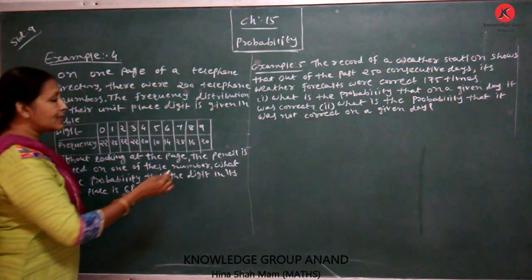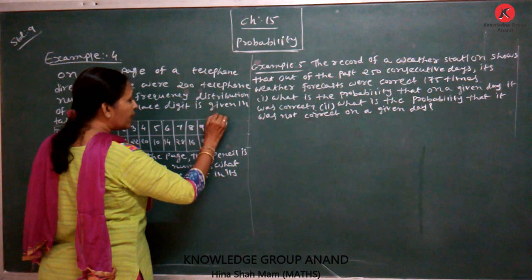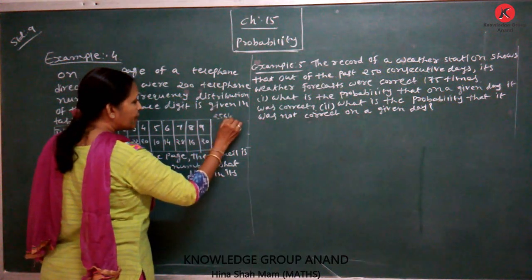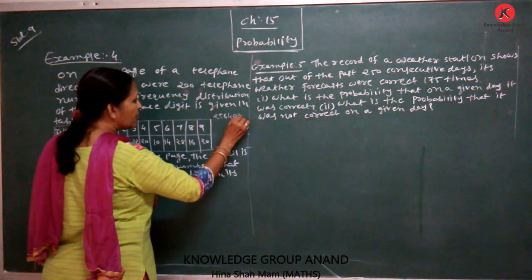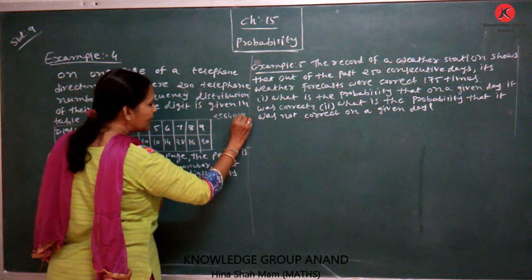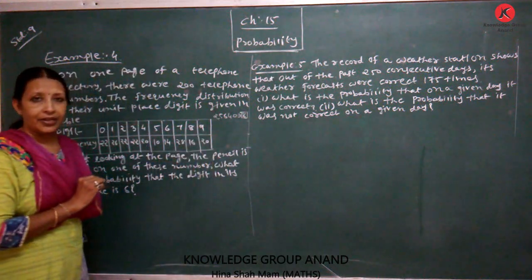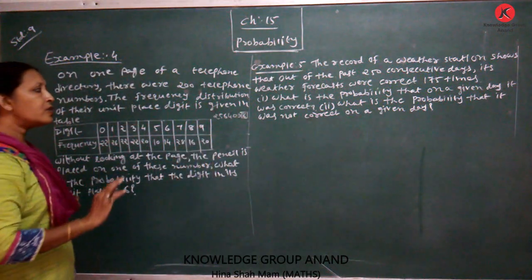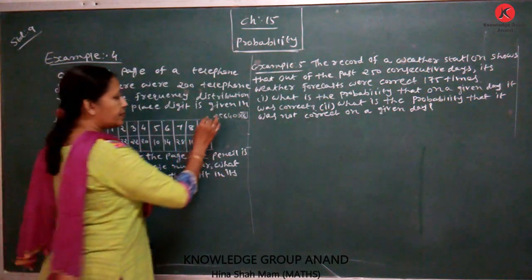Suppose our number is 2564038. Then what is our unit digit? The unit digit is 8. It is the same for any number.